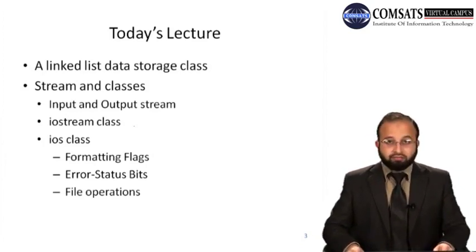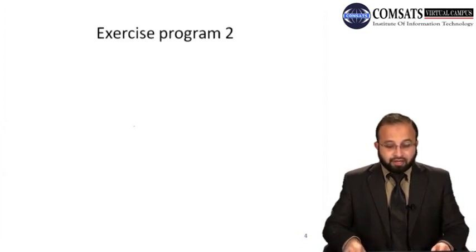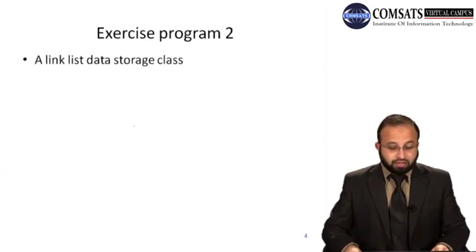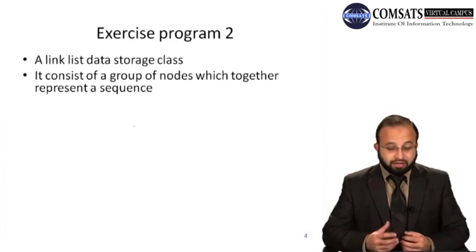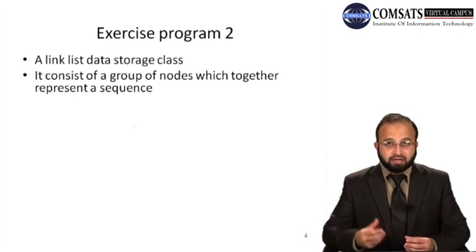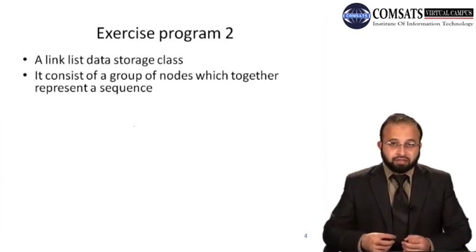So let's start with the linked list data storage class. That is exercise program 2 from the previous lecture. We are implementing a linked list data storage class. A linked list consists of a group of nodes. Linked list, a list that is linked, right?